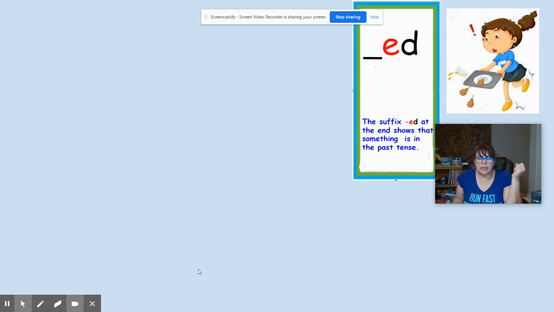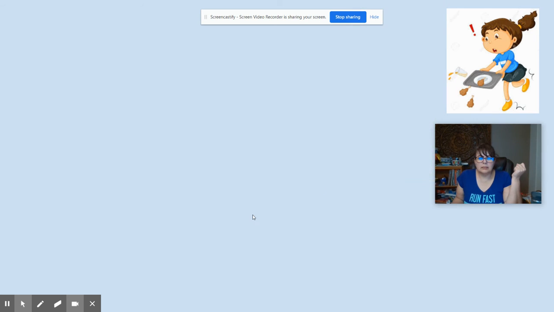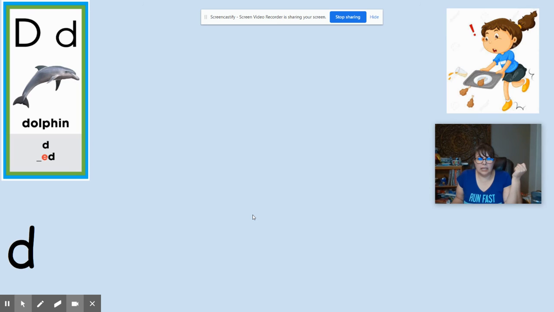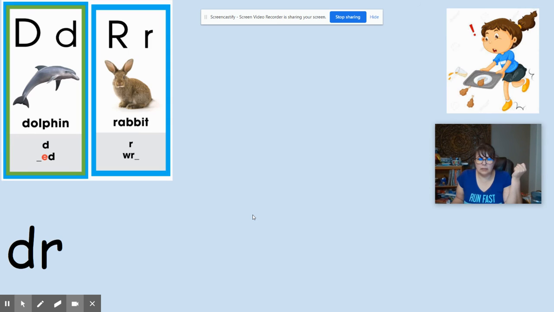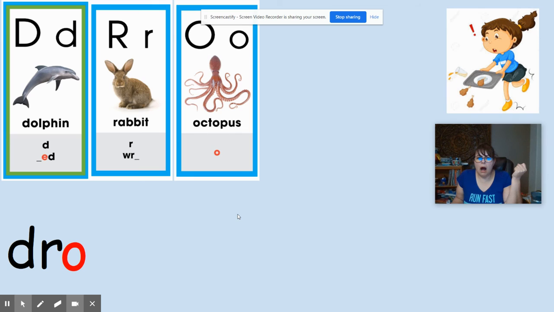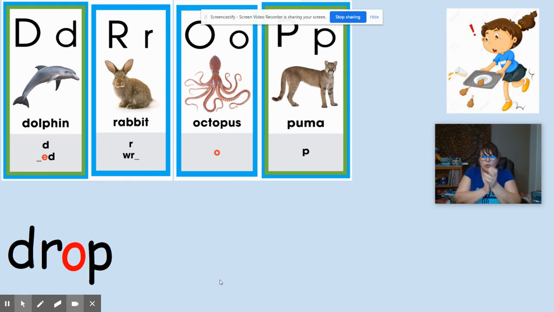Okay. Again, we're working with past tense ed. D like in dolphin, R like in rabbit, aw like in octopus. Oh, I forgot to blend. Dr, aw, drop, drop. One syllable. Now it is a short vowel, aw, and it ends with one consonant.